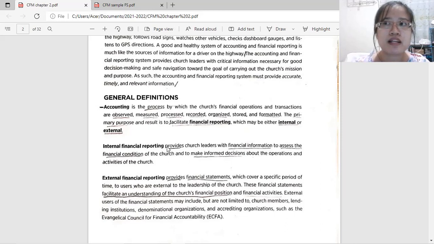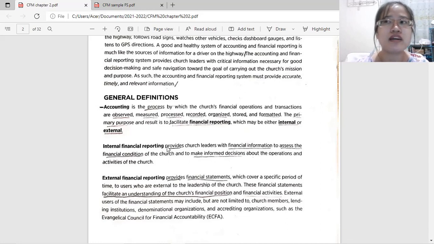Essentially, the reports made for internal financial reporting would be useful to the management alone. If external users read them, normally it would not be helpful for them because they won't be making decisions for the organization.